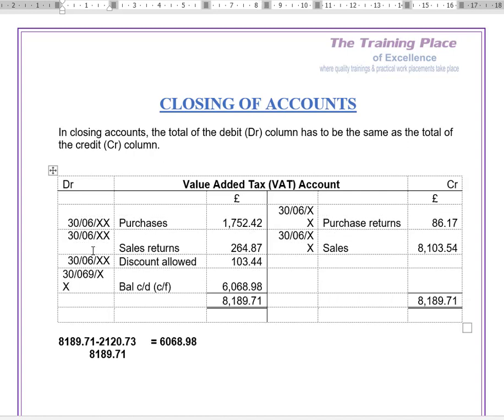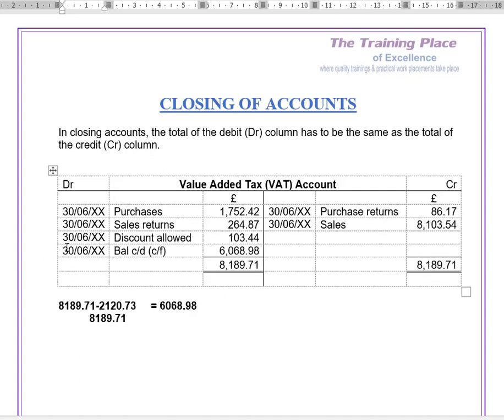So if I have a closing balance at the end of June, I will have an opening balance the next day on the other side. My balance CD is on the debit side. I go to the other side and I put in my opening balance, and that will be balance brought down.